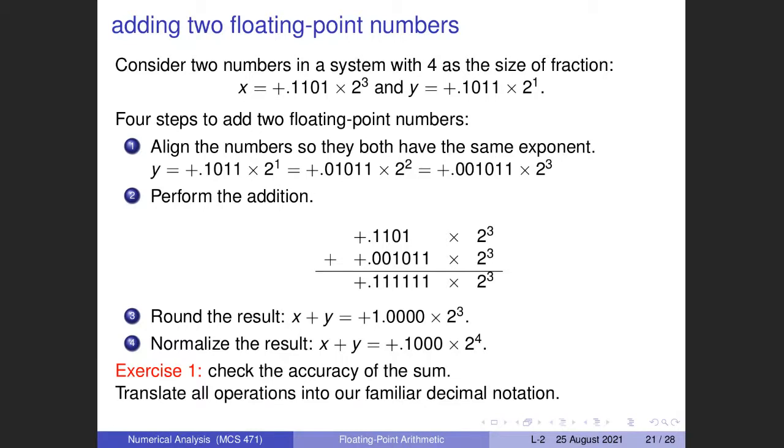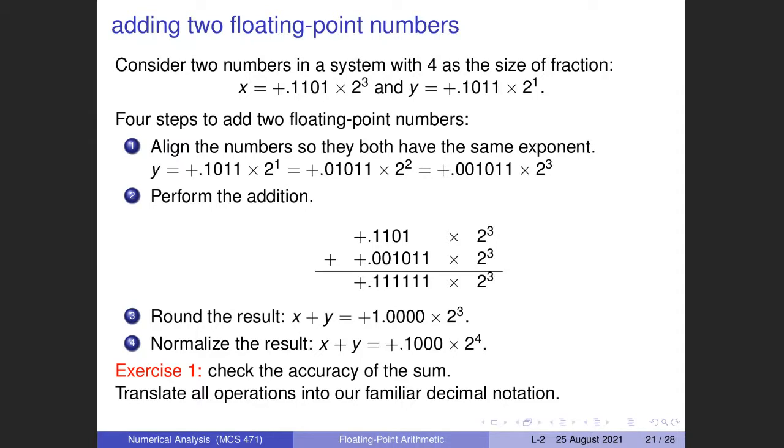So there are many steps to adding two floating point numbers. They are summarized here in 4 steps. So actually, pipelining inside the CPU arithmetic has more stages, but let's focus on these 4 stages here.